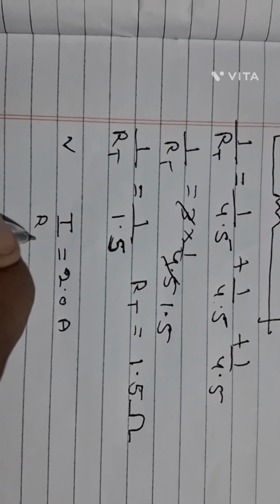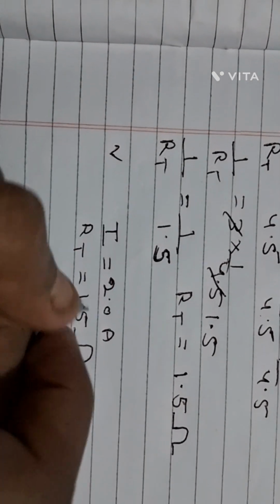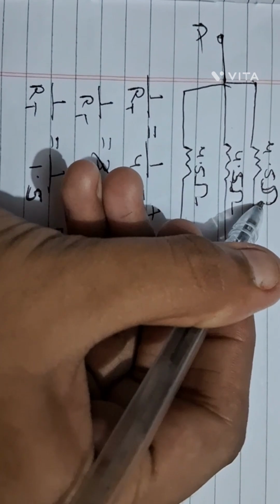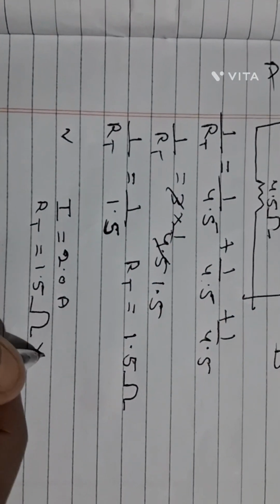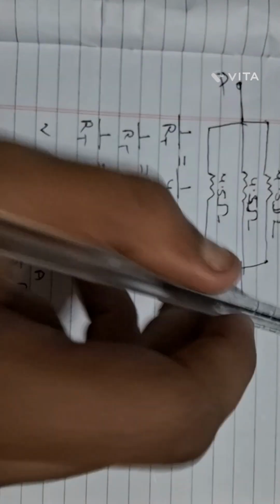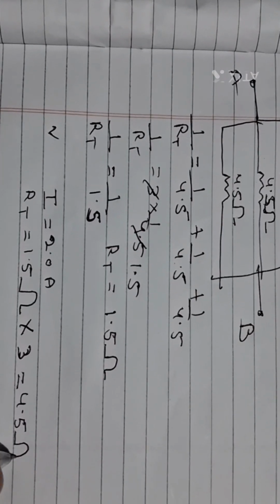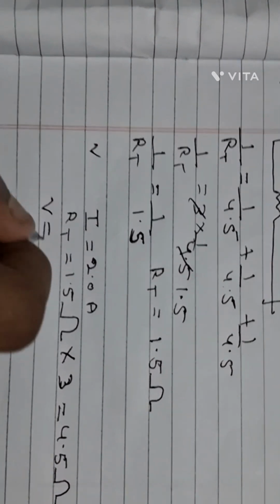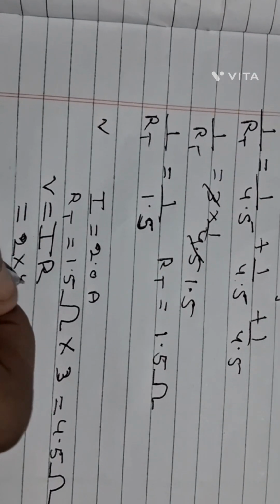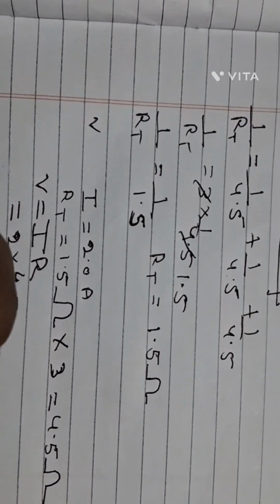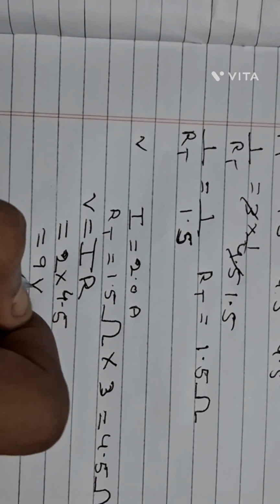We have found R total, that is total resistance, as 1.5 ohm. The current of 2.0 ampere is in each length, connected in parallel, and each length has 4.5 ohm. So V is equal to I R, Ohm's law, 2.0 into 4.5, we multiply them together and we get 9 volt.